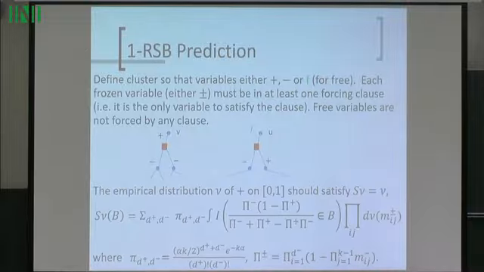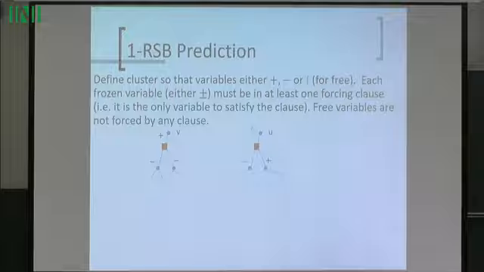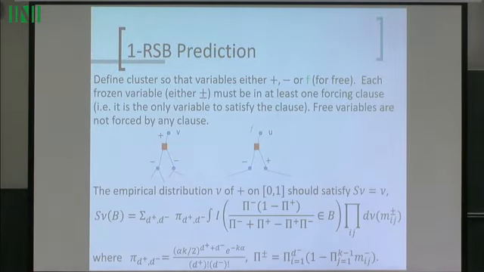Okay, so that gives you a new spin system with this new set of rules, but we can go through the same kind of procedure. Some vertices will have different probabilities of being plus and minus and free. So there'll be a different set of marginals.